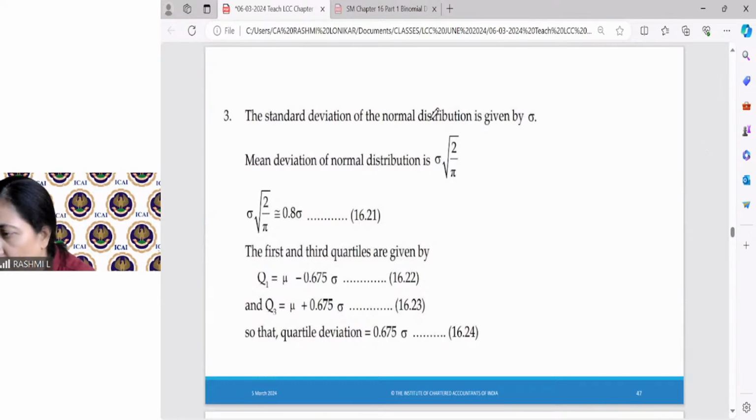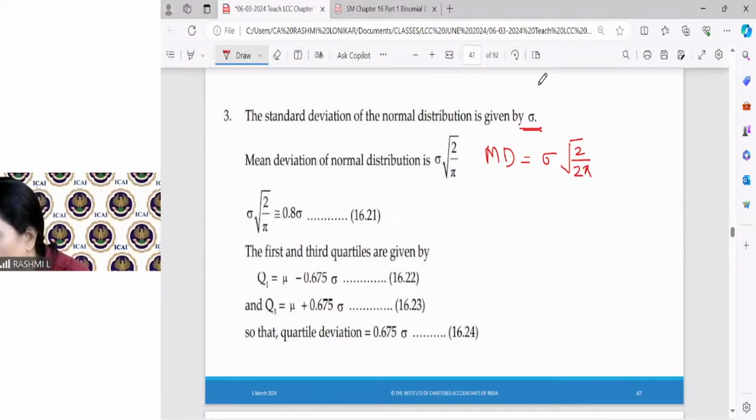Now the standard deviation is given by sigma. The mean deviation of the normal distribution is given by sigma times the square root of 2 upon pi. Now if I do this calculation, square root of 2 upon pi, it is going to give me 0.8 sigma.